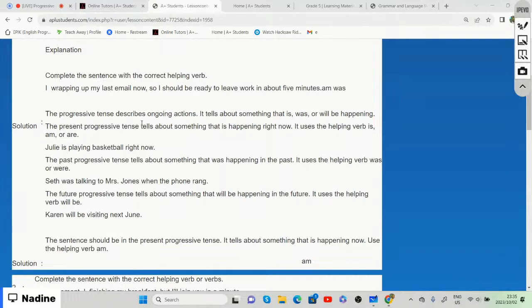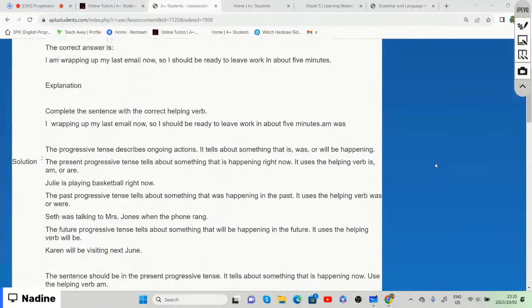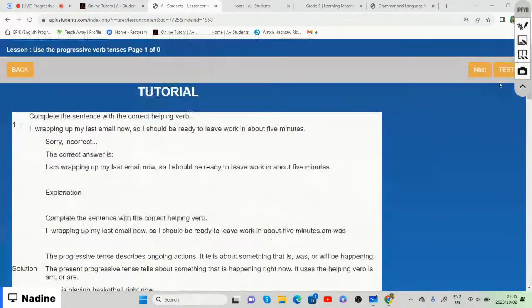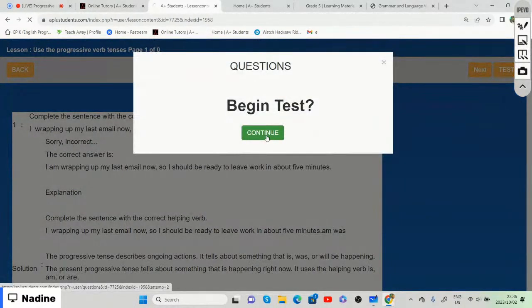Future can be tomorrow, next week, next month, next year, right? But it will basically tell us that it will be happening in the future. And that is our progressive tenses, which describe ongoing action in the present, in the past, and in the future. So now we're going on to our test.